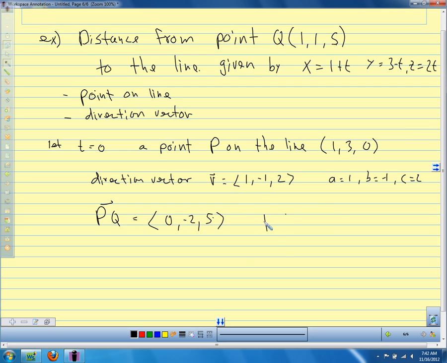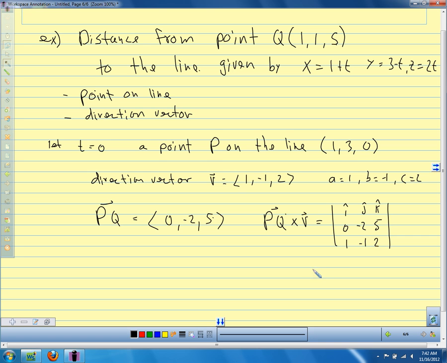So PQ cross V is our determinant here. 0, negative 2, 5, and V is 1, negative 1, 2.